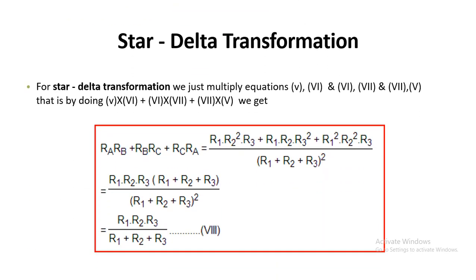Then next, star to delta transformation. Once we have the equations for the delta to star transformation, it is very easy to get the star to delta transformation.